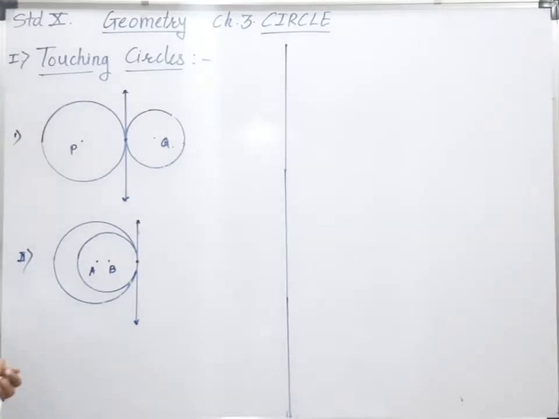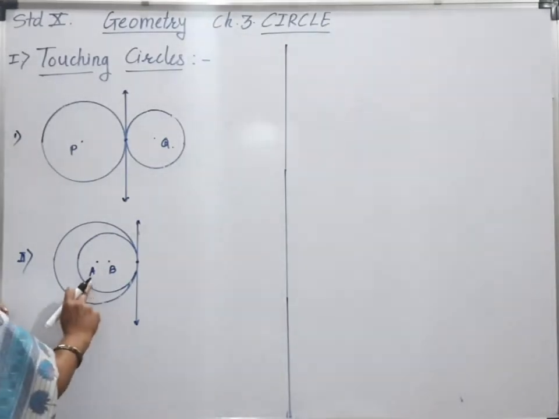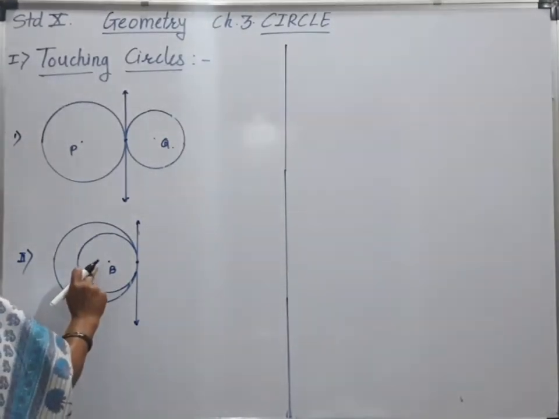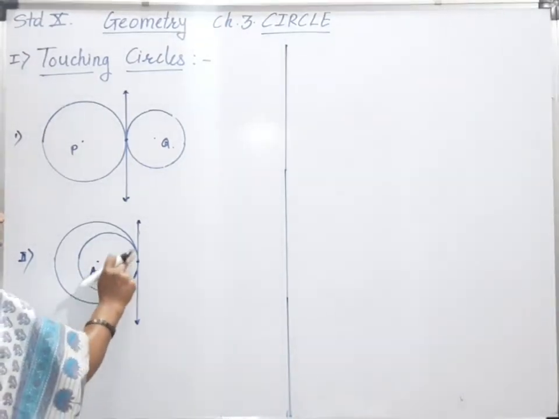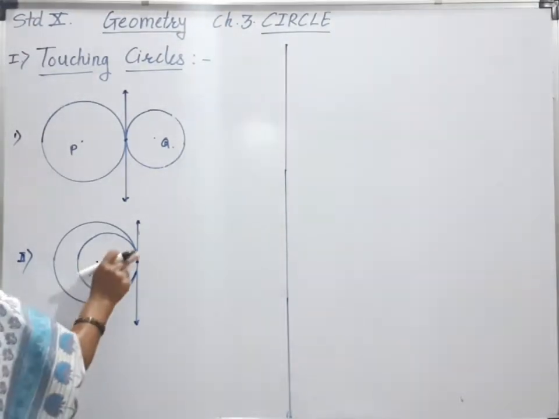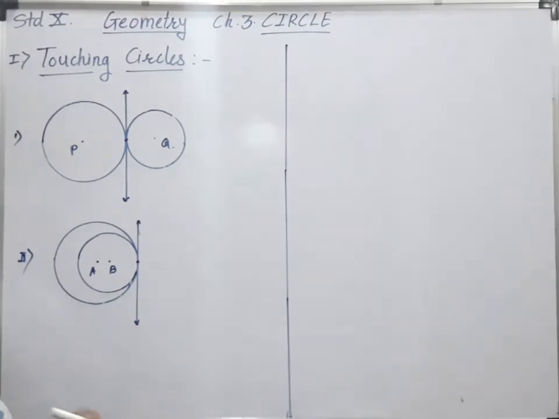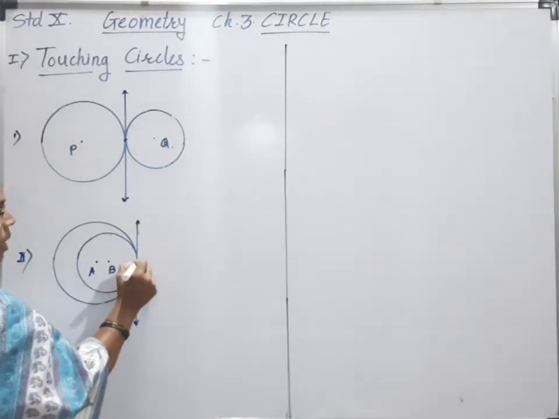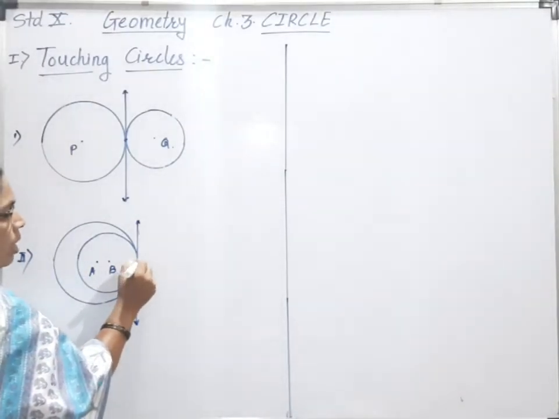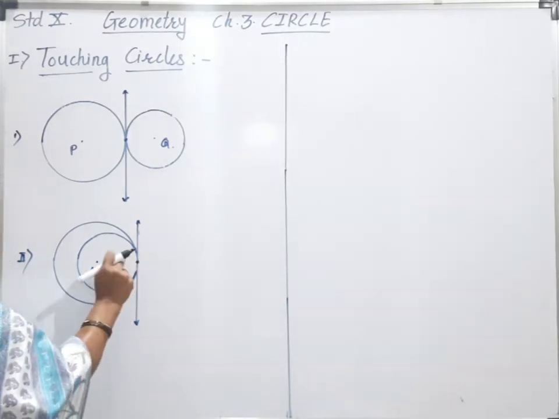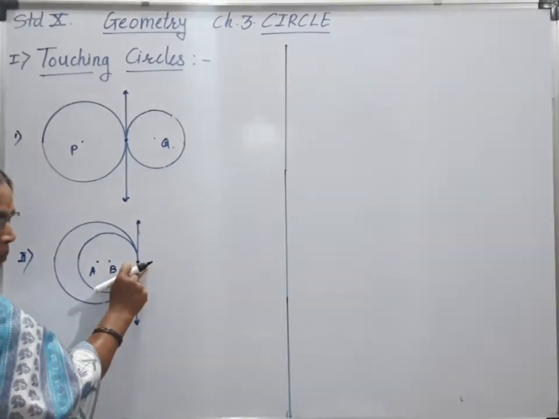Similarly, in this figure you can see two circles with centers A and B. B is the center of the smaller circle and A is the center of the bigger circle. These two circles are also touching this line at this point only, which is the single point common to both circles and the line.